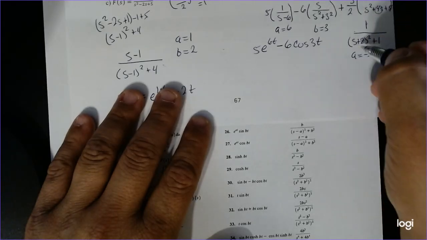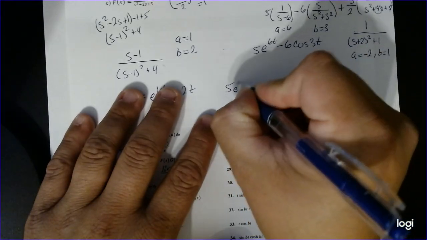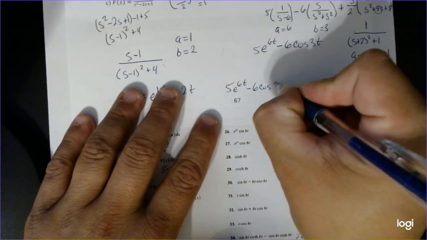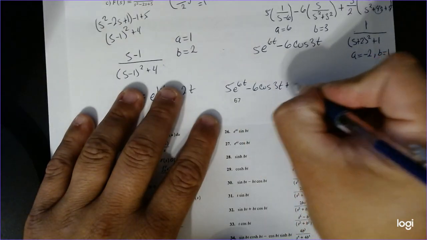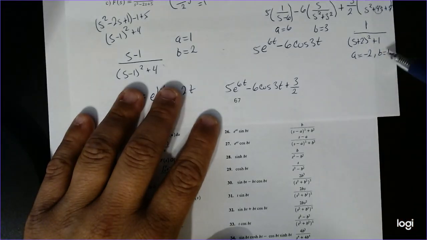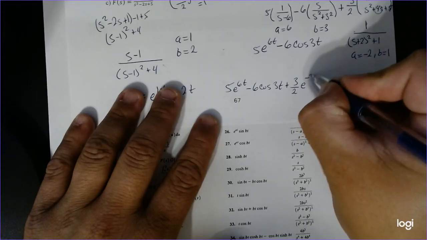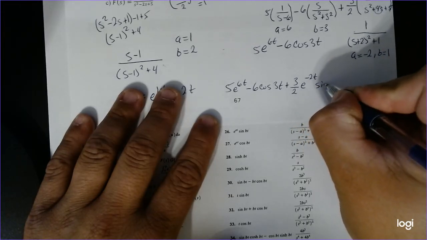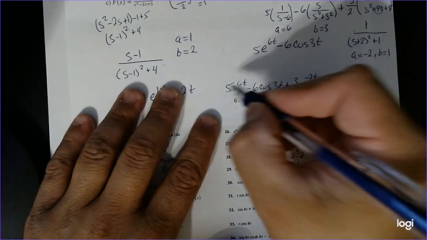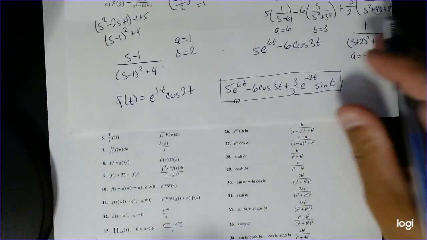So now, over here, I'll just rewrite it. So plus 3 halves times this Laplace is going to be e raised to the negative 2t sine of 1t. And there we go. So that is our Laplace there.